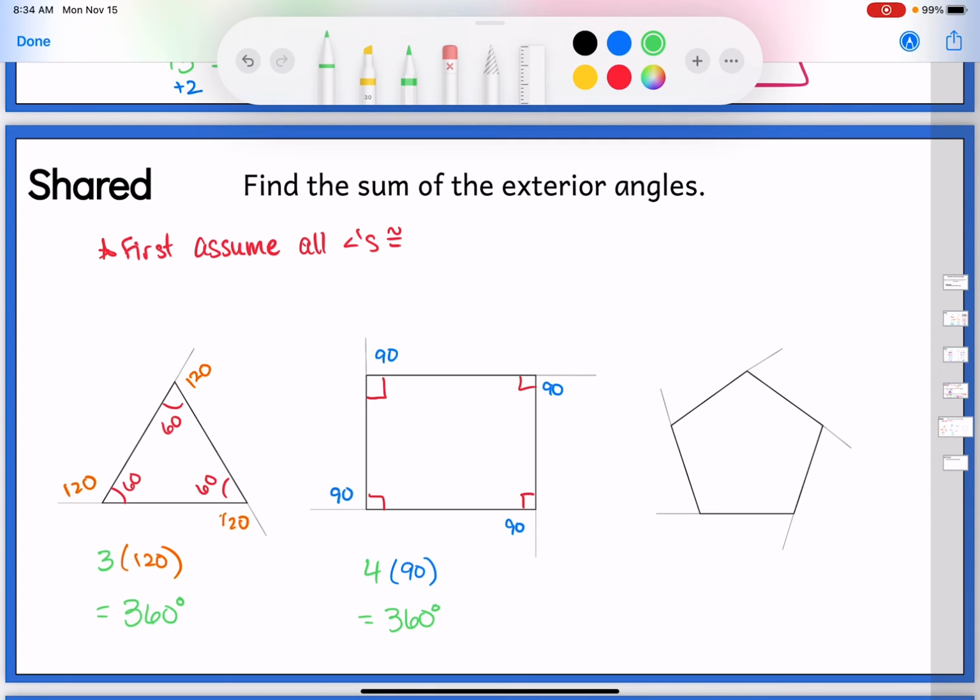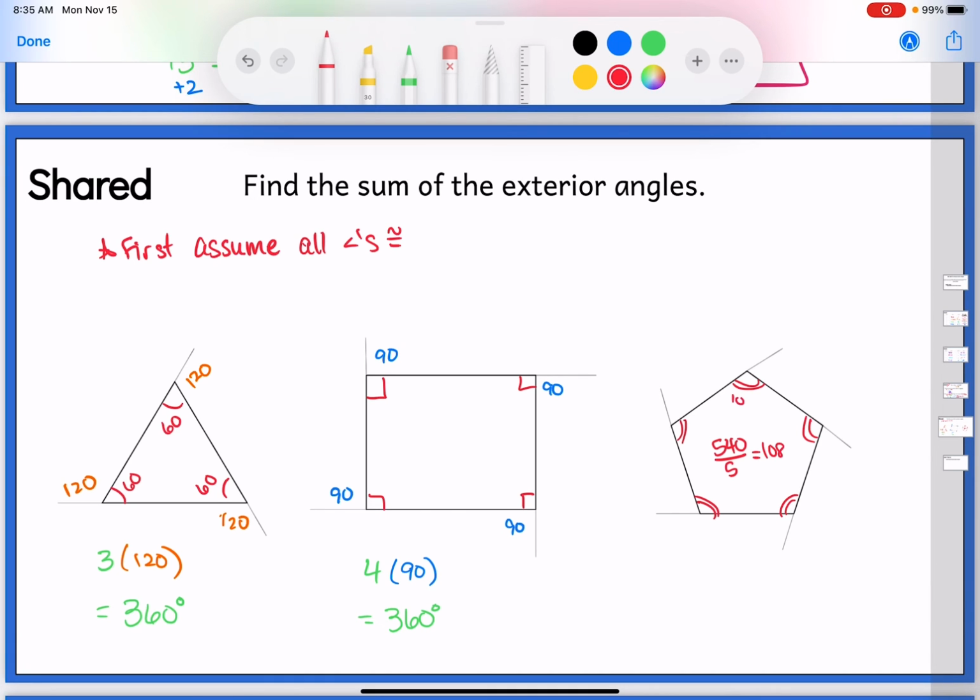All right, well, let's talk about our pentagon. For our pentagon, again, we're assuming all of these are congruent. Let's see, what did a pentagon add up to? I know I put that in my table. A pentagon adds up to 540 degrees. And I know that there's 5 of them. 540 divided by 5 gives me 108.